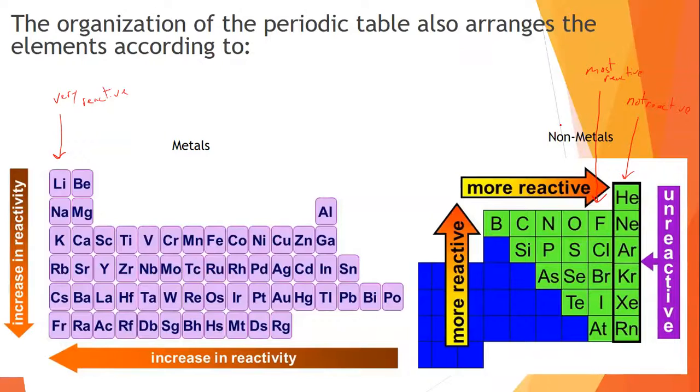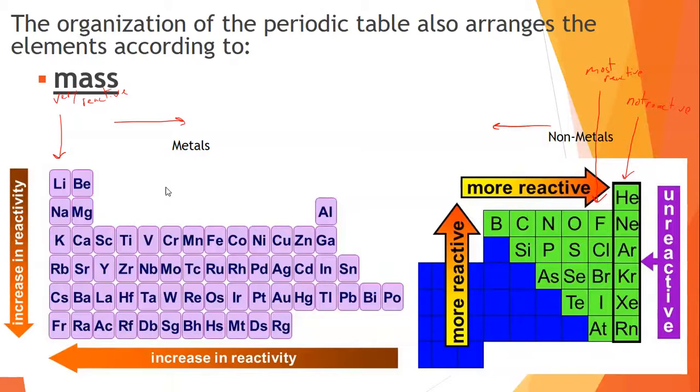And as we move toward the center of both the metals and the non-metals, we get less and less reactive. Okay, and again, this has to do with the idea of these electrons in different energy levels. Okay, and we'll talk more about that later on.